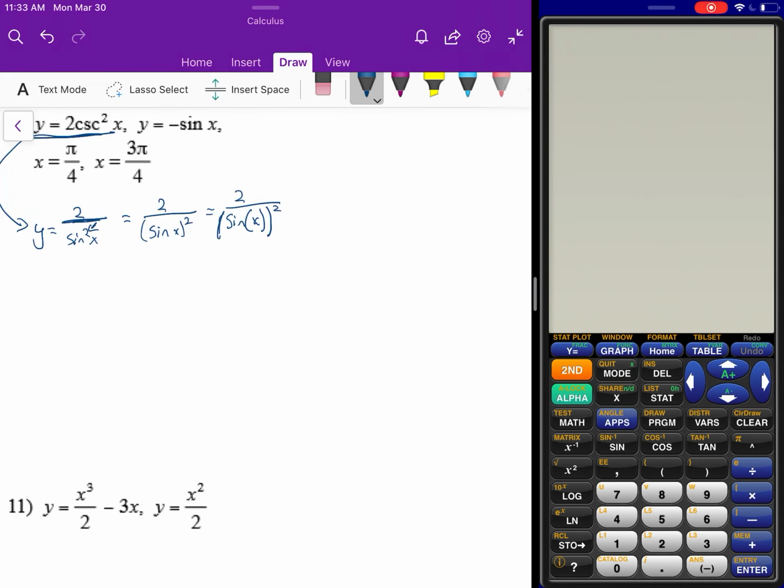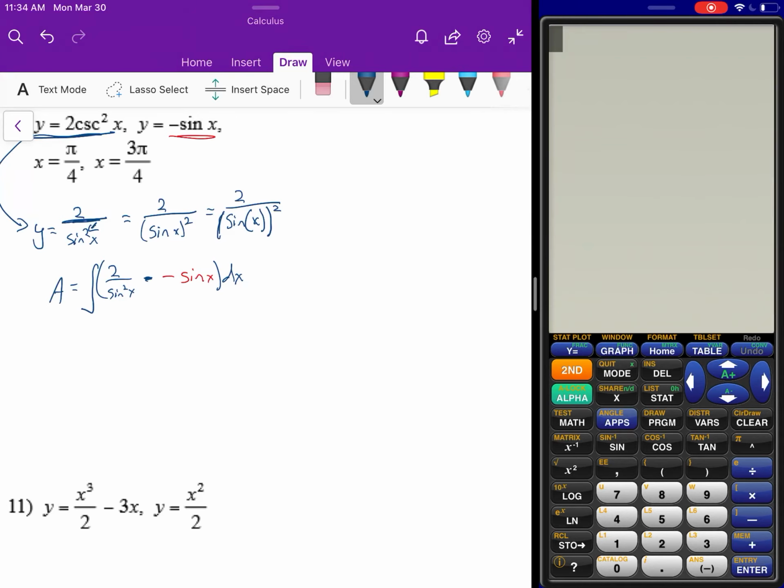And now we want to write the integral that we need to find the area under the curve. So the area is going to equal the integral of our top function, which is this 2 over sine squared of x, minus our lower function, which is the negative sine x. And this is all in terms of dx.